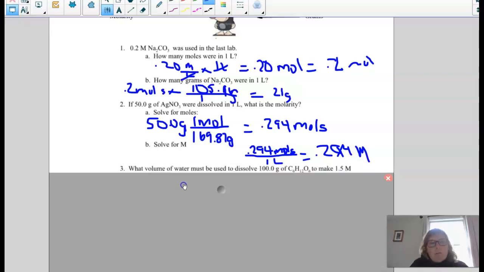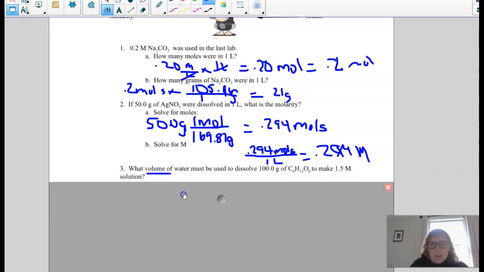Okay, next problem. What volume of water must be used to dissolve 100 grams of C6H12O6, that's glucose, to make a 1.5 molar solution? So now we're trying to find volume. Look at your triangle: in order to get volume, liters is equal to moles over molarity.